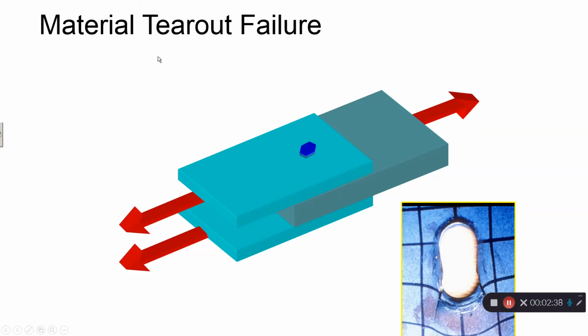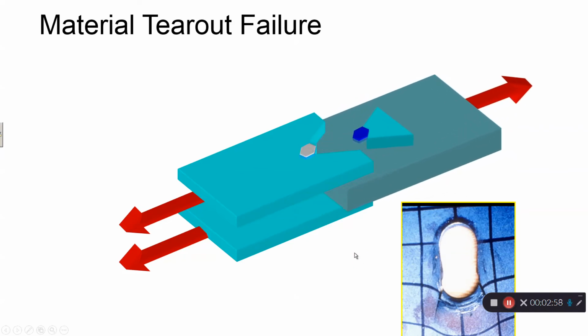The second failure mode is called tail-out failure. A possible failure mode resulting from excessive bearing is shear tail-out at the end of the connected element. So it tends to tail out at the end of the plate, and that's why we call it tail-out. It only happens at the end of the connected element.